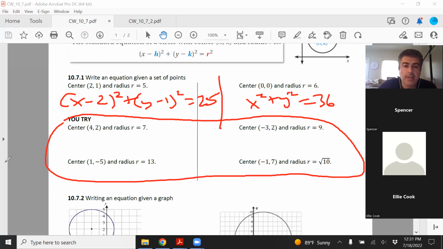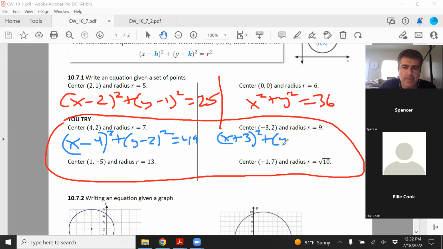Okay. So you should be getting this. X minus 4 squared plus y minus 2 squared equals 7 squared, which I know is just 49. And then here I have x plus 3 squared plus y minus 2 squared equals 81.